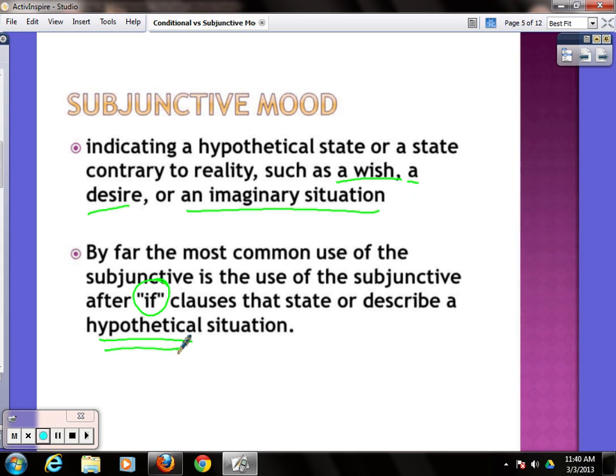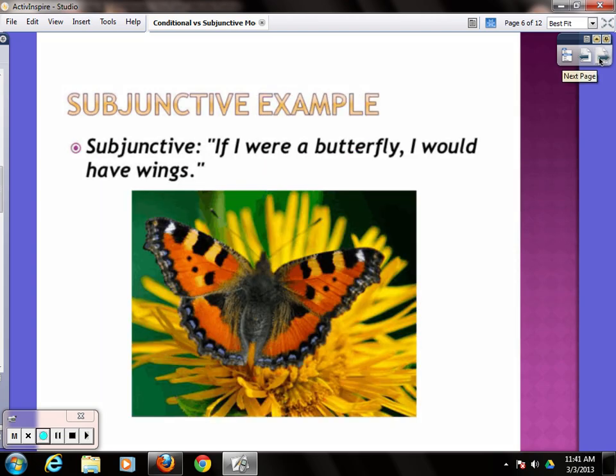This is where it gets kind of messy, but remember, conditional, it could happen if something else happens, right? So in this one, subjunctive, we're looking for wishes, desires, imaginary situations. It's hypothetical. So we're still going to be using the if, but now it's whether or not this really could happen.